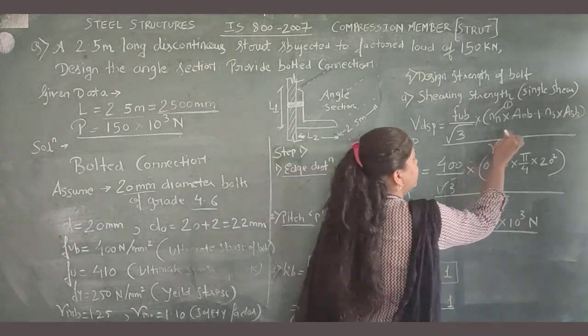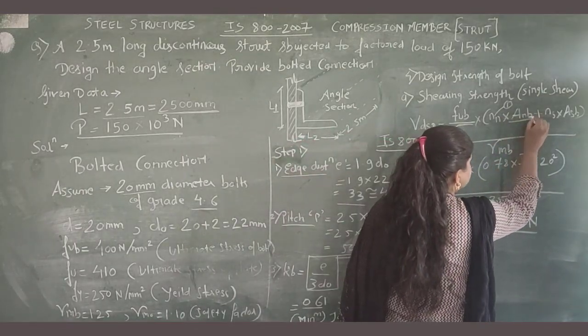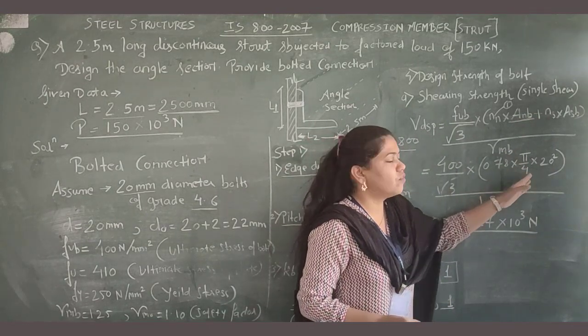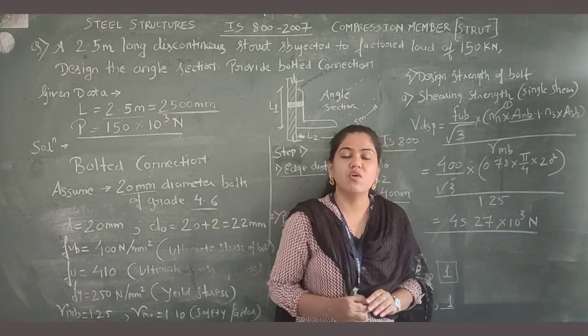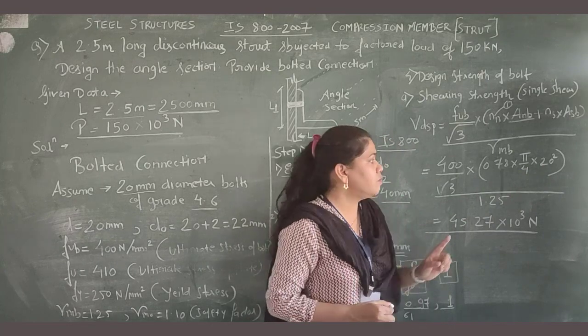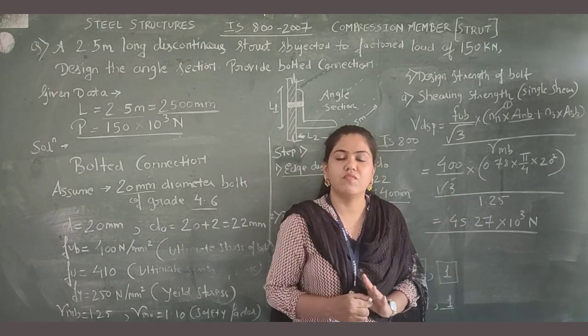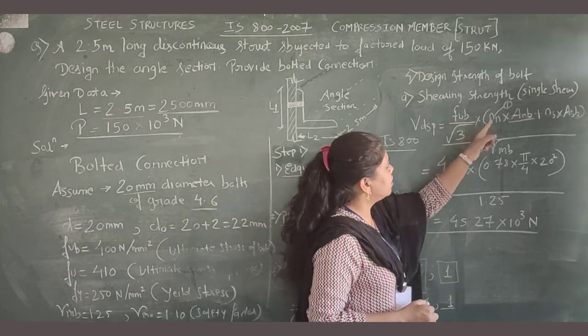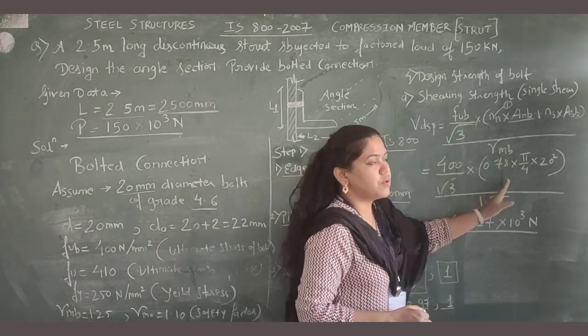Now you have to calculate the ANB value. So ANB is basically 0.78 into pi by 4 into 20 square, that is the area of the bolt. 78% of the area of the bolt you have to consider for calculating the ANB value. So I directly put all the values into this expression, right?